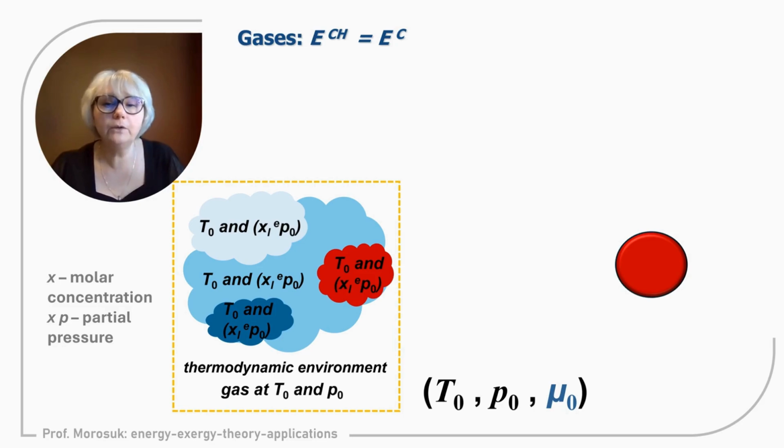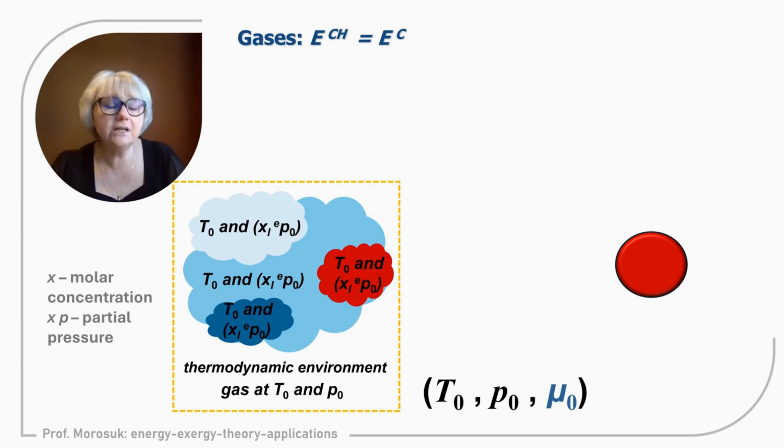And now we would like to calculate the chemical exergy, for example, of the substance that is given in red color, but we know that this substance, this gas, exists in the model of a thermodynamic environment for chemical exergy. In this case, we will discuss so-called concentration exergy, because the concentration of this substance in the environment is described using the molar concentration.